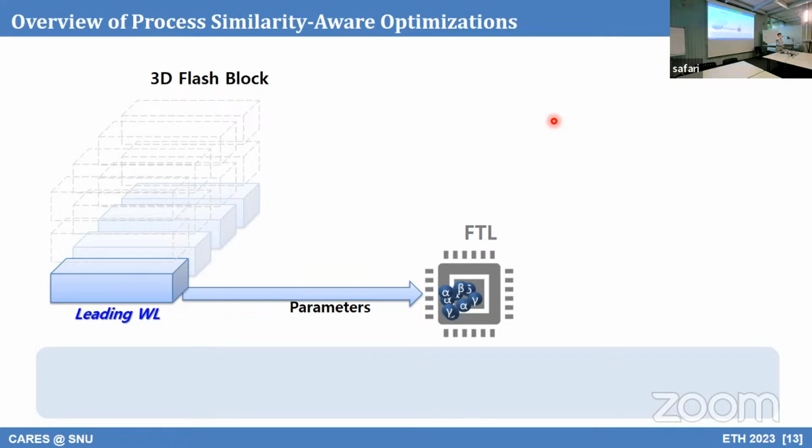I have one more. Can this process similarity also be exploited to optimize erase operations? Erase operations? No, we didn't look at erase. I was thinking that, similar to program, erase also has a verify process, I suppose. Maybe.